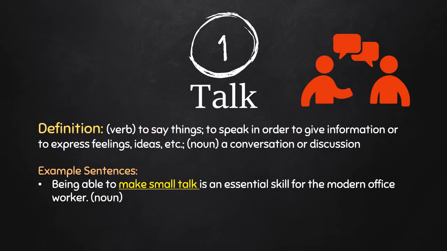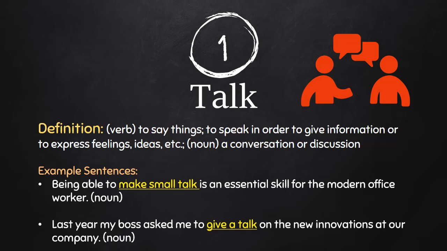And here we're using it as a noun. The next sentence. Last year, my boss asked me to give a talk on the new innovations at our company. This is also using talk as a noun. In the first sentence, we have make small talk. And in the second sentence, we have give a talk. Give a talk, which is kind of like a speech.